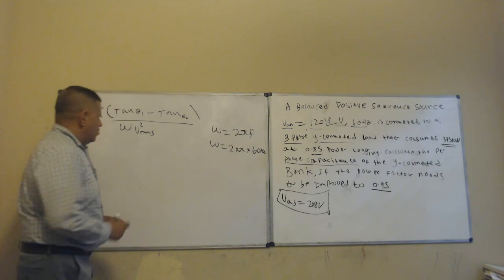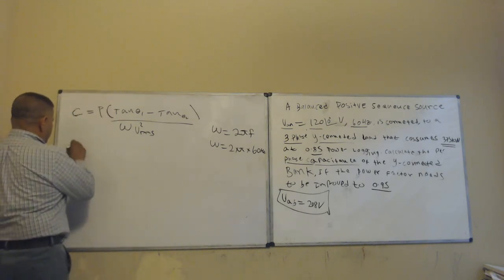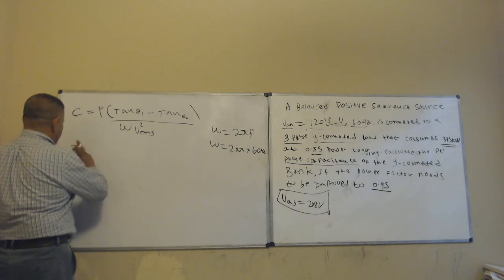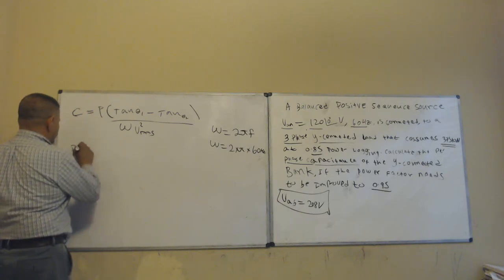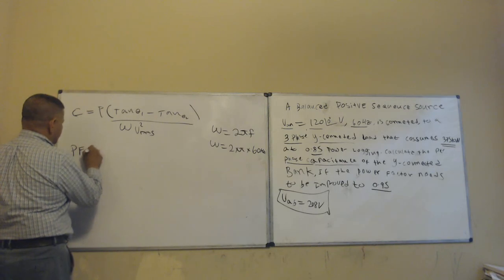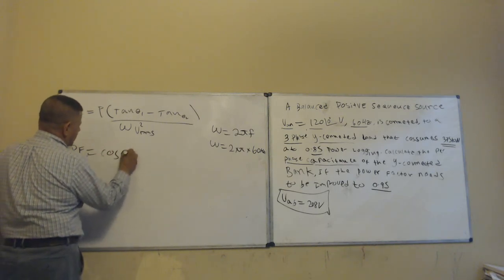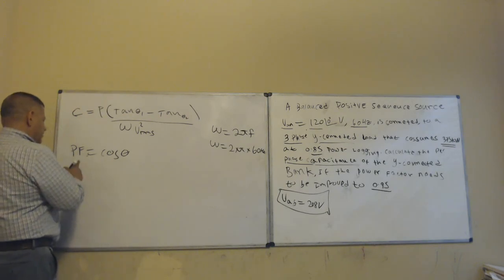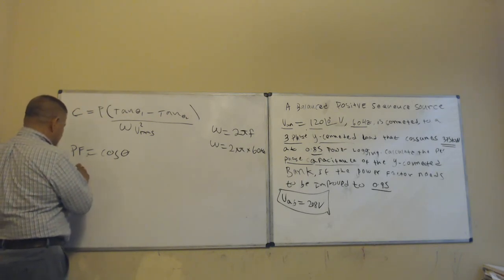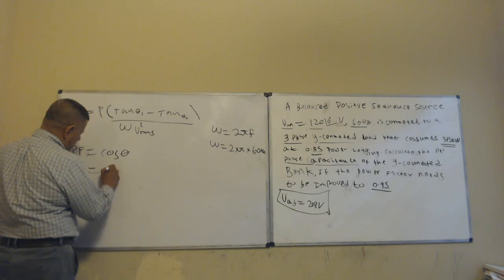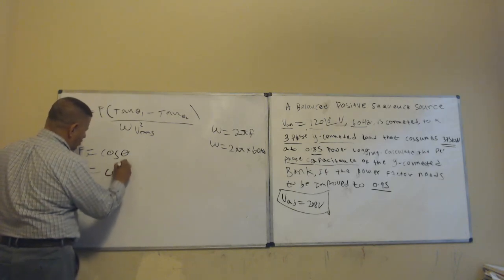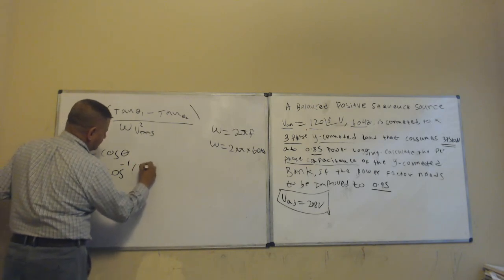Well, we know that power factor equals cosine of theta. Now, the inverse of that is theta equal to cosine inverse of the power factor, right?